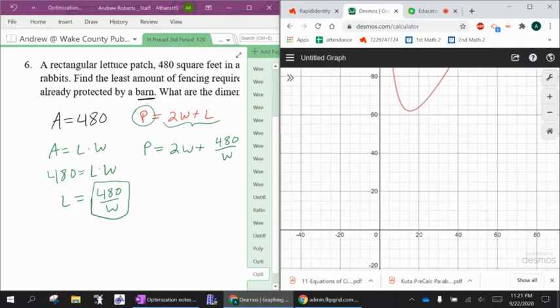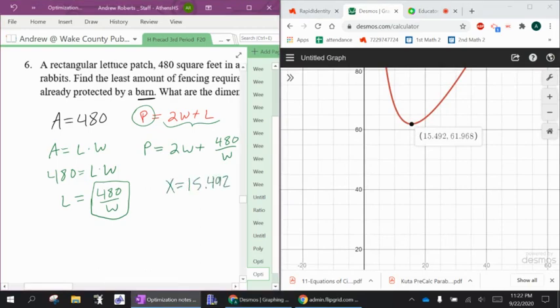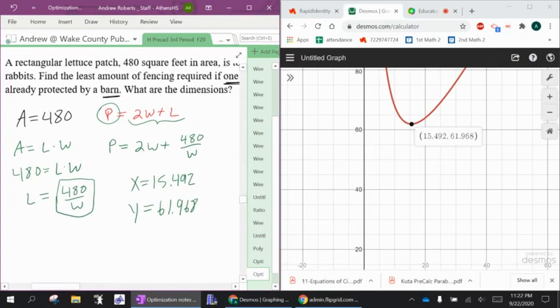There we go. I'm looking for the minimum amount, which means I can just click right there. I get 15.492. So in my graph, x equals 15.492, and y equals 61.968.